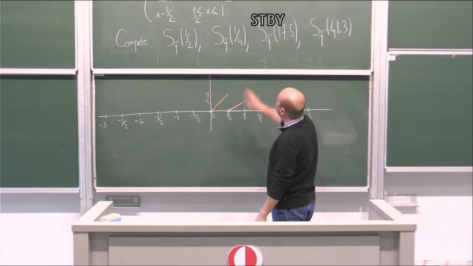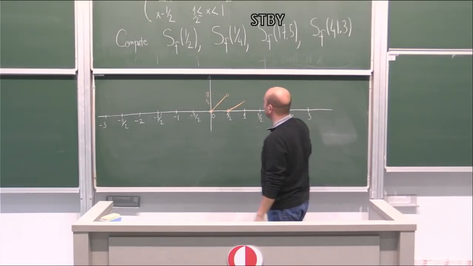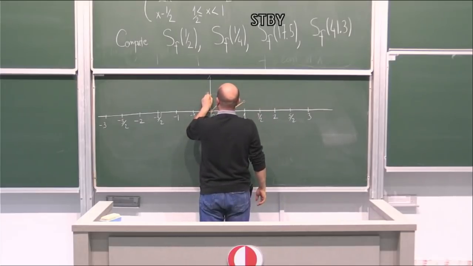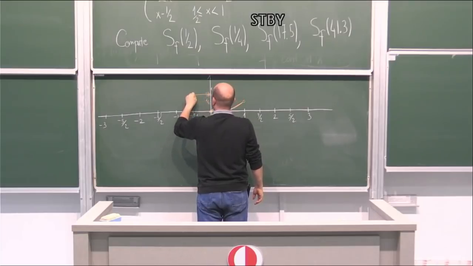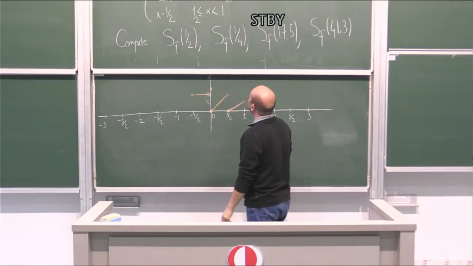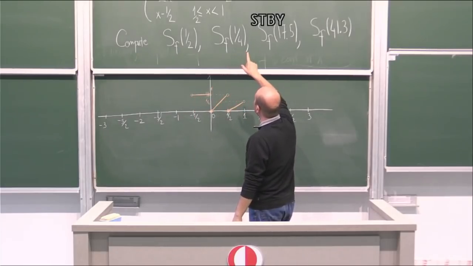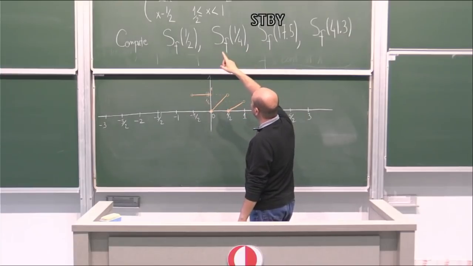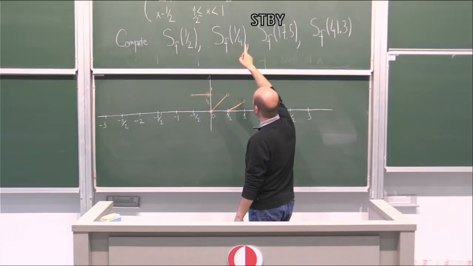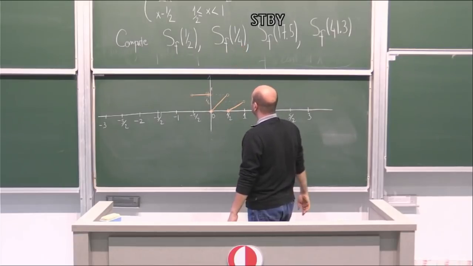And between minus 1 over 2 and 0, we have 1, so it's like this. And between minus 1 and minus 1 over 2, it's minus x. If you plug in minus 1, you would get 1. If you plug in minus 1 over 2, you will get 1 over 2.